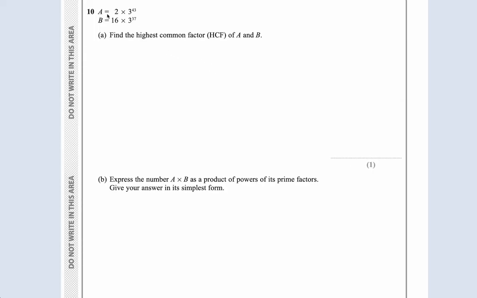Question 10. A is equal to 2 times 3 to the power 43, and B is equal to 16 times 3 to the 37. Find the highest common factor of A and B. Okay, you could draw the Venn diagram, guys, but I think we can just do this without drawing the Venn diagram. There's a 2 in both A and B, so I'm going to put down a 2.